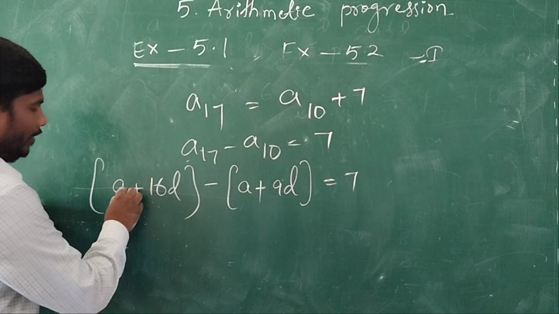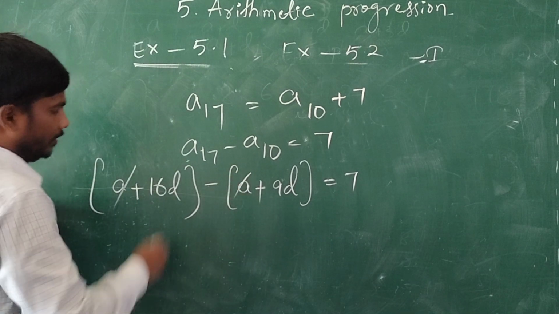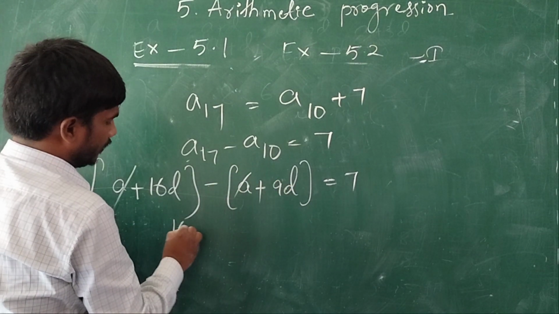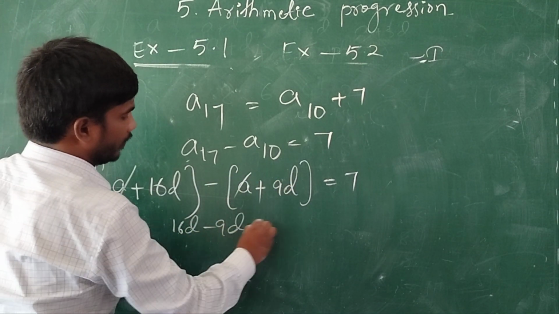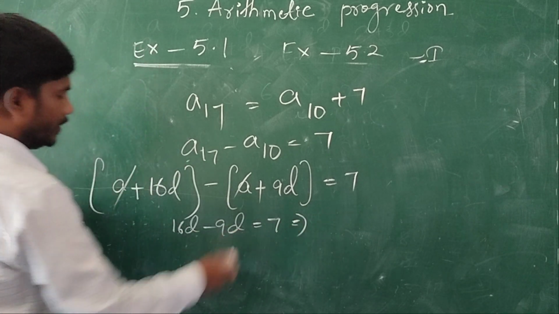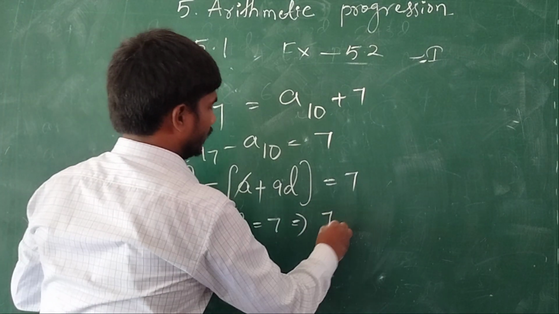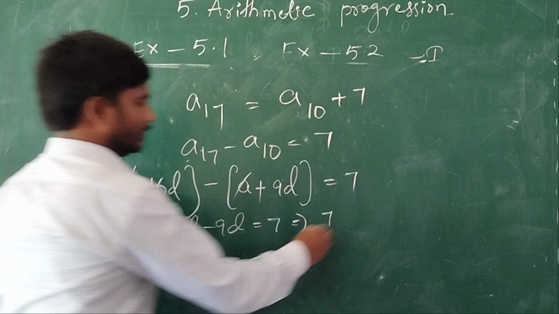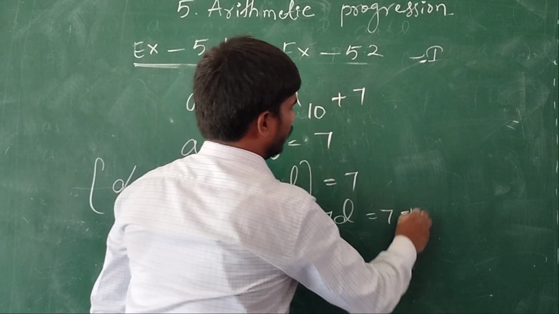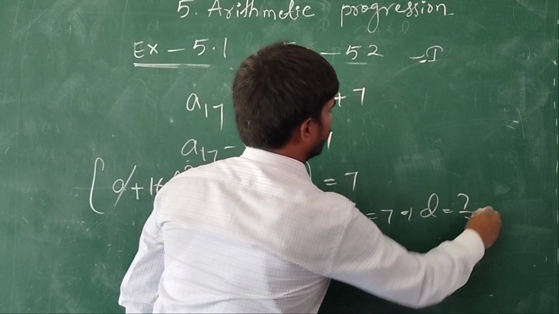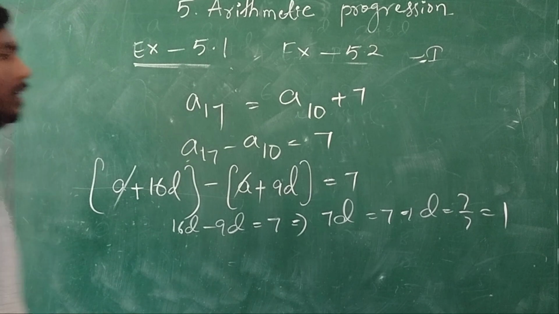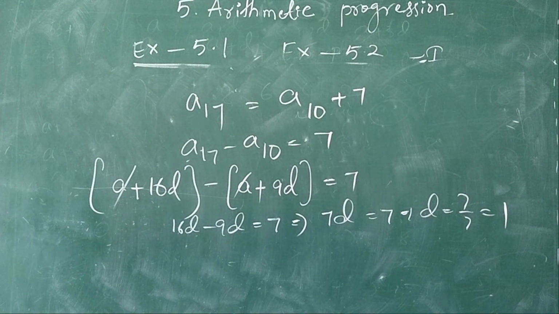Now A minus A cancel. 16D minus 9D is 7D. 7D is equal to 7. D is equal to 7 by 7, that is 1. And the common difference is 1.